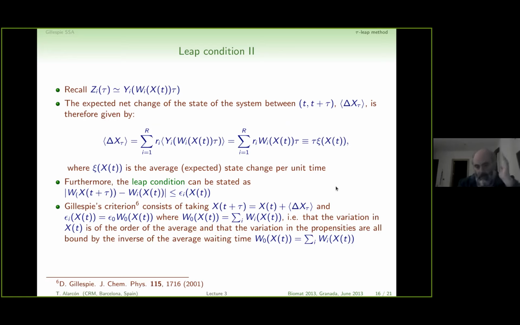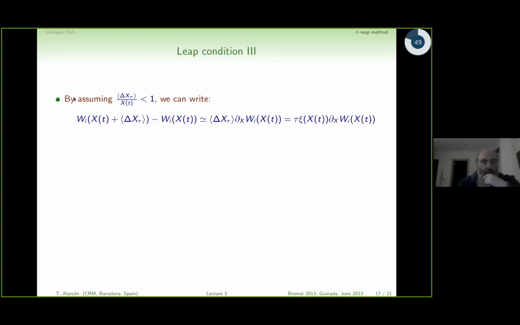So this is basically this formula here, and we are going to take this and see where we go. Also, we assume that the average change is much smaller than the actual value of the variable.